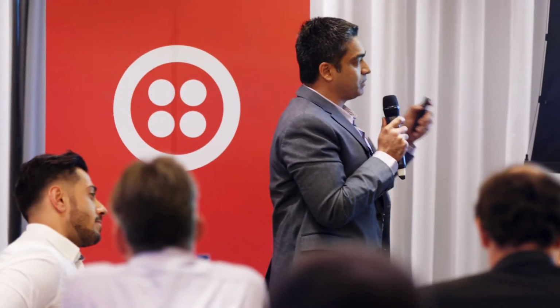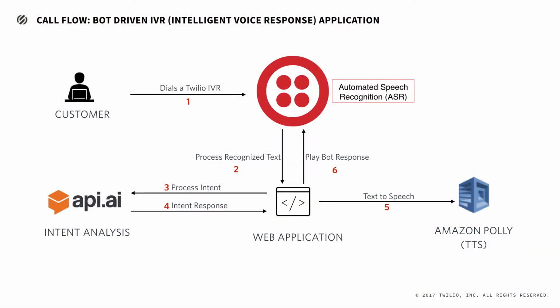All right, so the demo is quite simple. I really wanted to show the power of building blocks. So I built a demo that I'll quickly walk you through. I apologize, you guys may not be able to see it in the back, but it's really simple. I will be showing you a phone number that you can either call or text, and it's an IVR-driven bot. So a bot drives all the interactions when you call up that phone number. Basically, a customer calls a phone number, Twilio speech recognition does the speech to text.